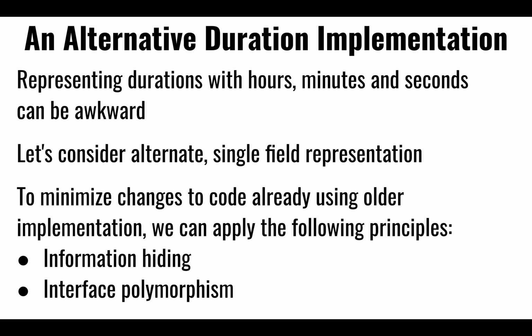Right. So once we came up with a particular implementation that uses hours, minutes, and seconds, we might decide that perhaps a better representation is just to use the seconds, right? And just have a constructor, and a class that represents the duration internally as just the seconds, right?